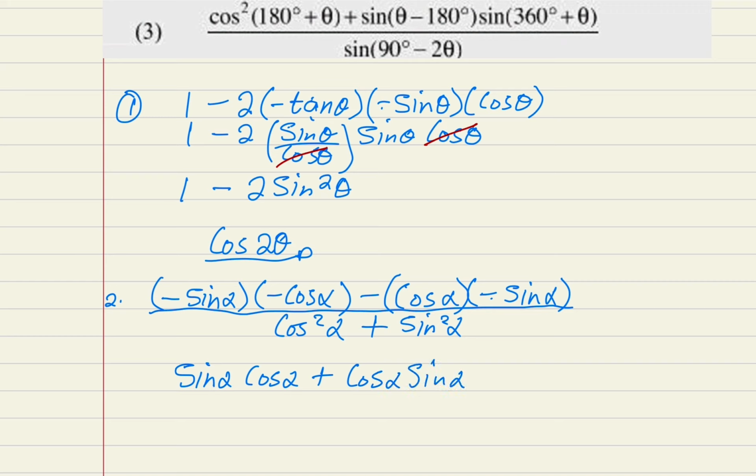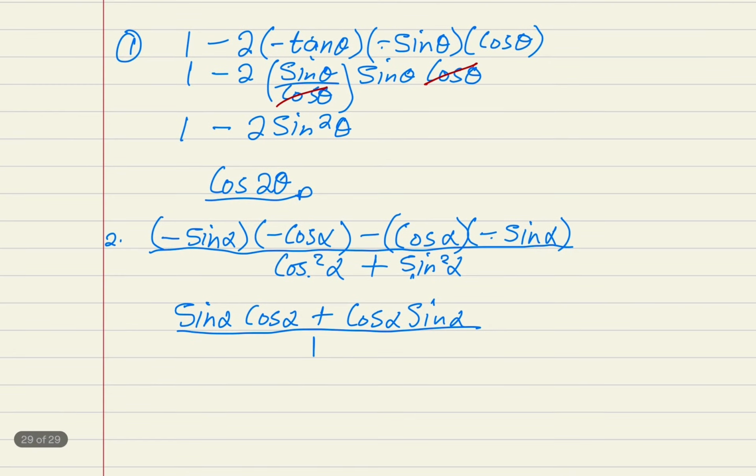Then this is divided by a square identity, hence it will give us 1. Then we have sine, cos, cos, sine. So that will be sine of 2 alpha. Okay, so that is how we can simplify that one.